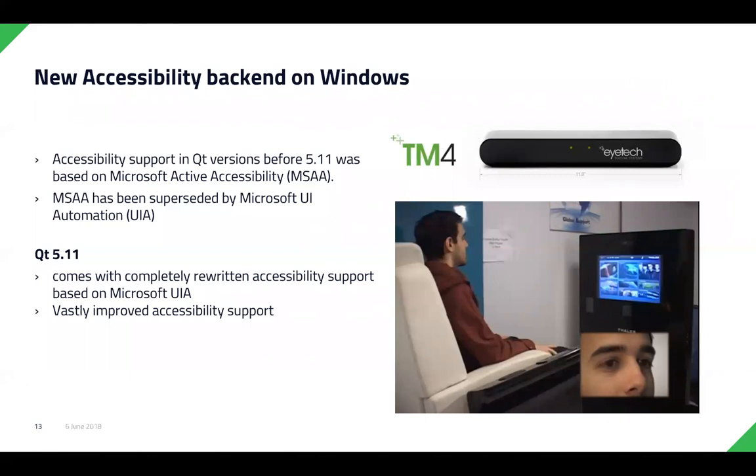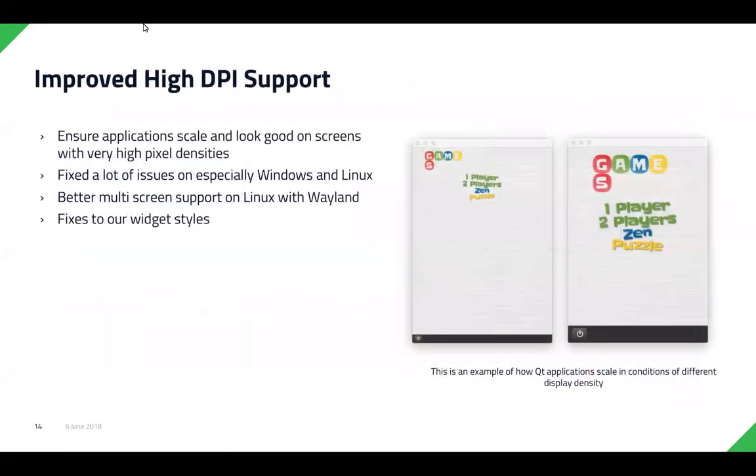Up until Qt 5.10, our accessibility support was based on Microsoft Active Accessibility, a framework that has been out there for quite a few years, but has over the last years been slightly deprecated by Microsoft and superseded by a new framework called Microsoft UI Automation.